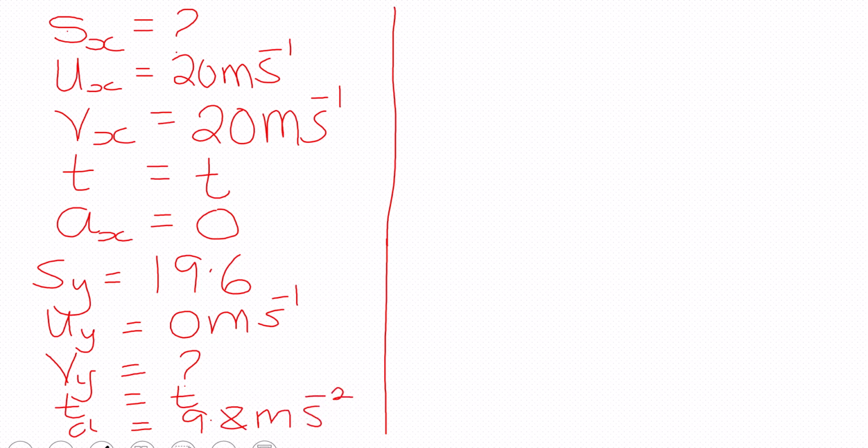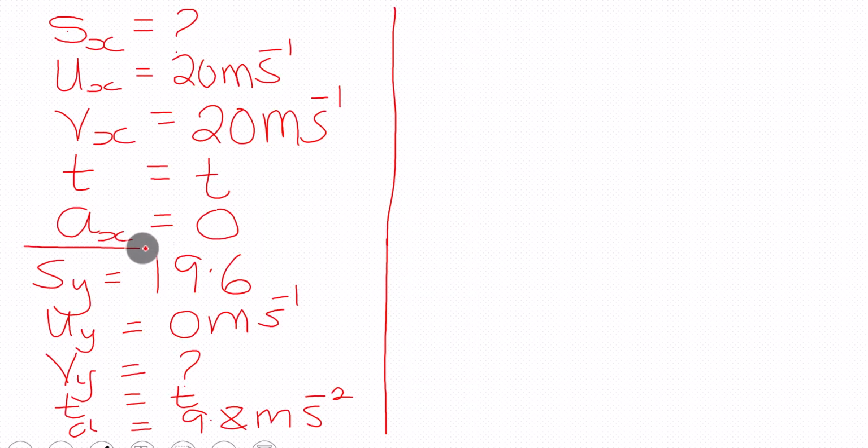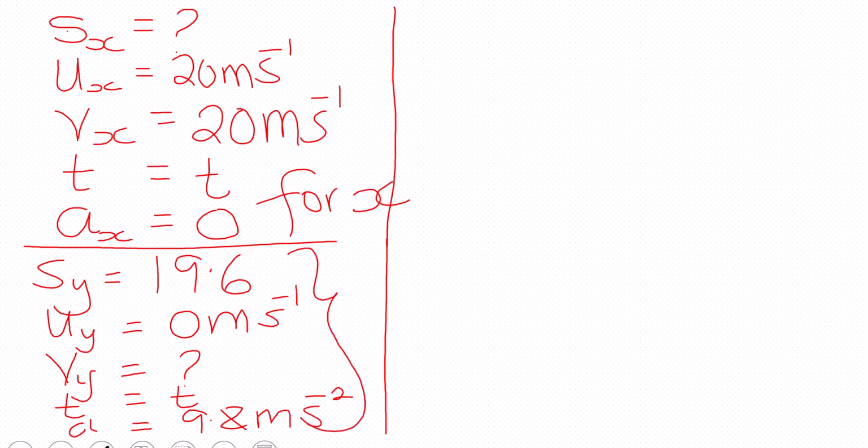So when you look at this information, this one here is for x, and this one here is for y. Always summarize your information given in the questions for projectile motion, and then from there you can know which side you're going to take first to determine what you do not have.